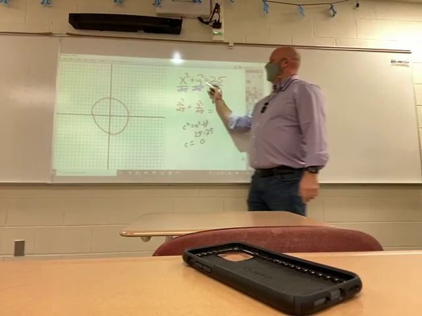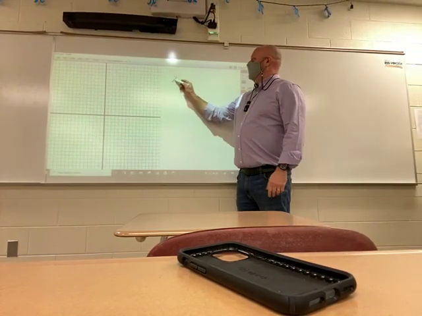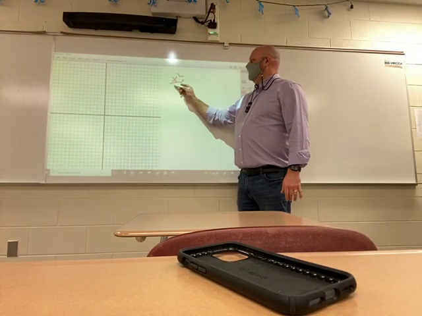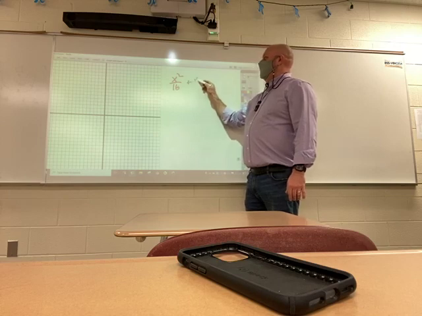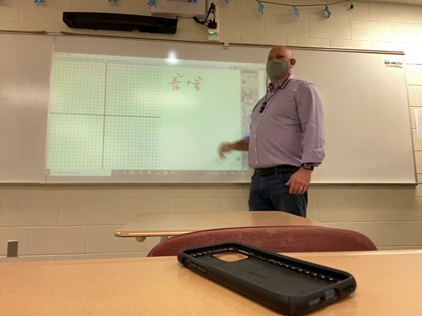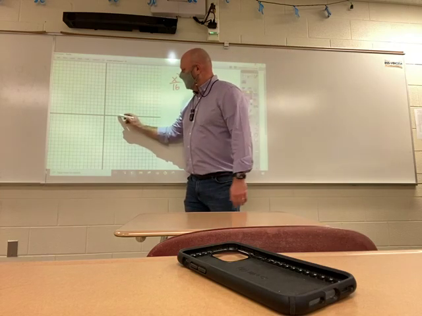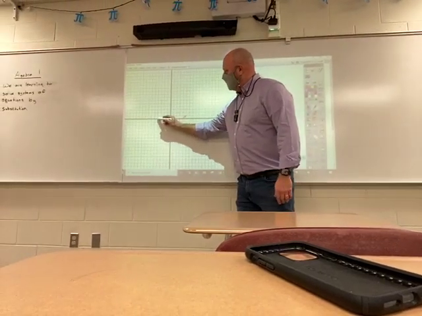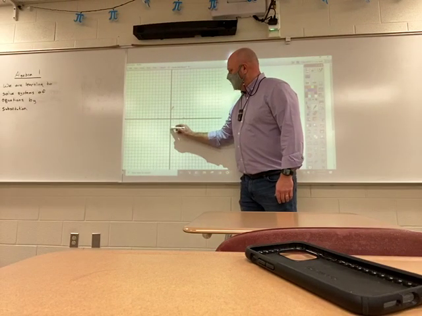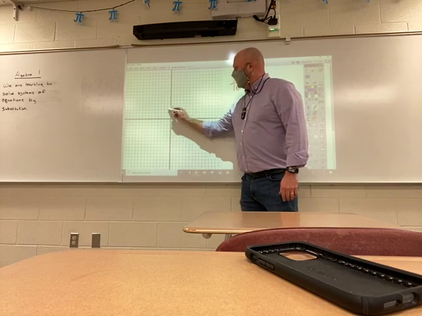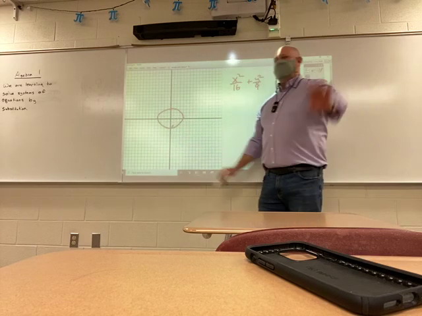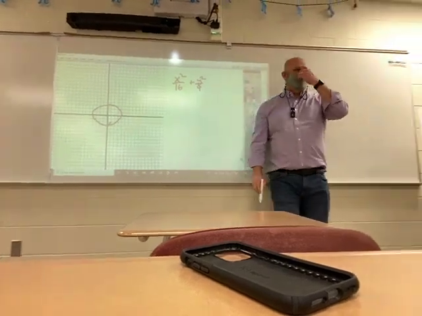So let's say I went x squared over 16 plus y squared over 9, right? I'm only going to go right and left 4, and then up and down 3. It's definitely not a perfect circle, but it's more circular than the last ellipse I did, right?